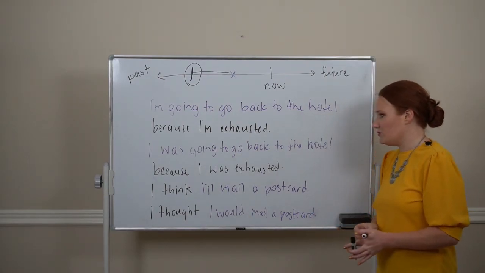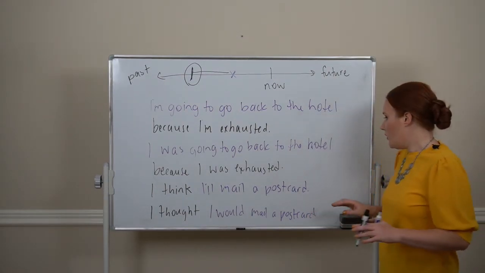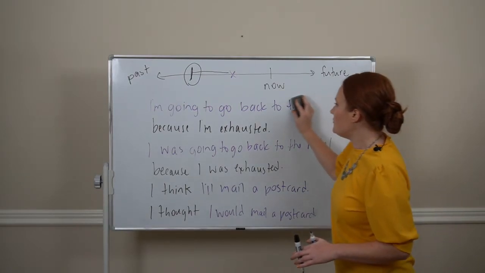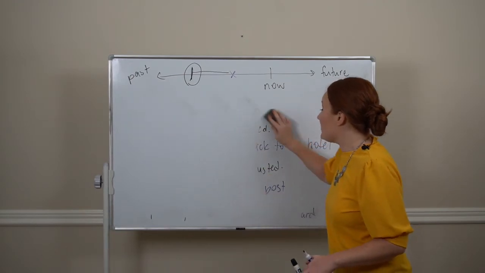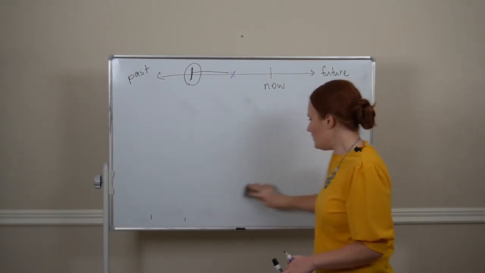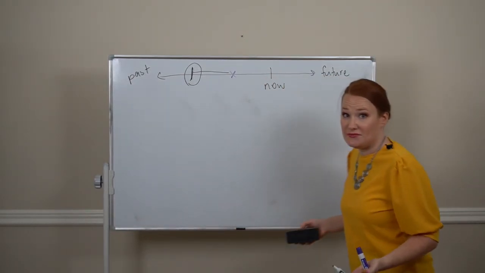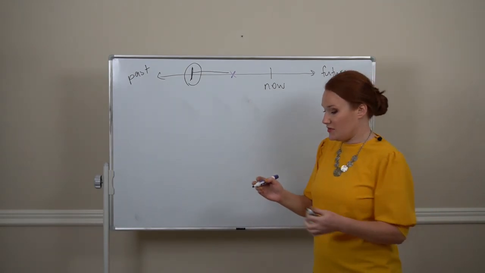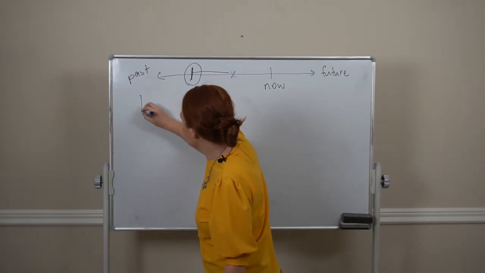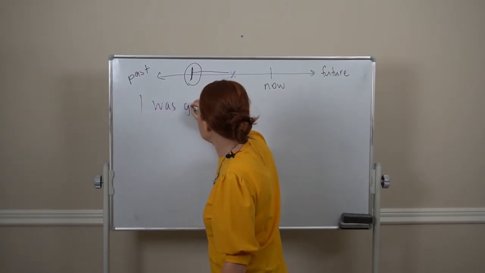All right, so pretty simple so far. We do have a few verbs that we use when we were planning to do something, but it didn't happen. So these are verbs like I was going to.